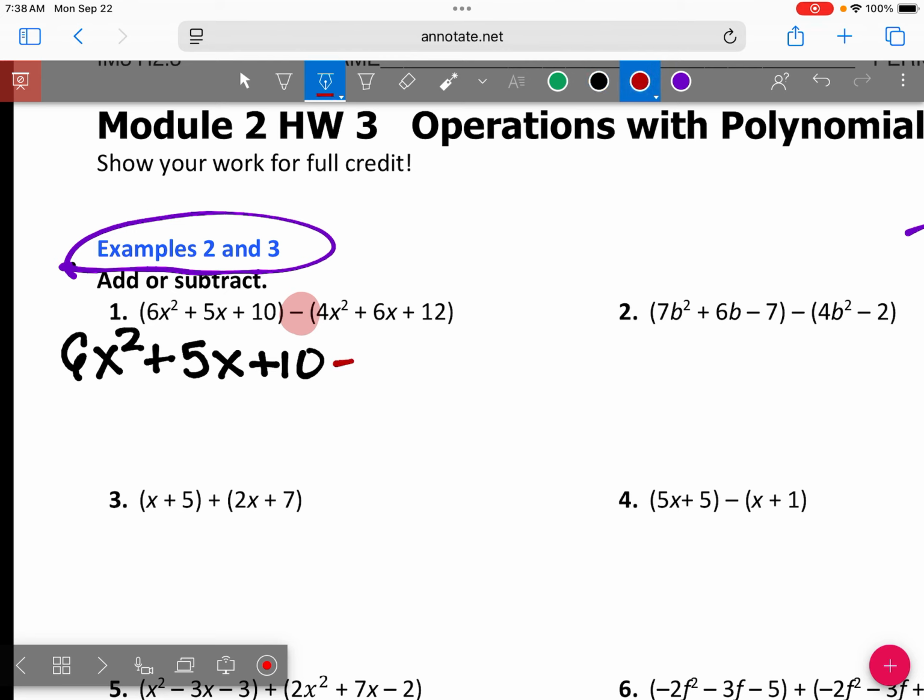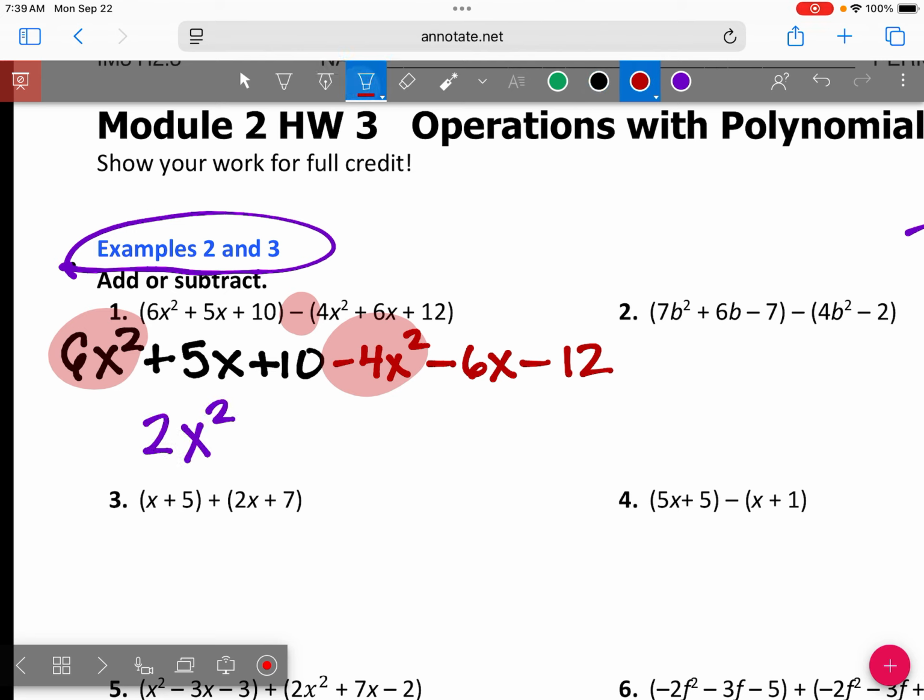So this becomes a negative 4x squared and a negative 6x and a negative 12. Every single term flip. And then you start adding together the like terms. For it to be a like term, it has to have the same exponent. So that would be 6x squared minus 4x squared, which would be 2x squared.